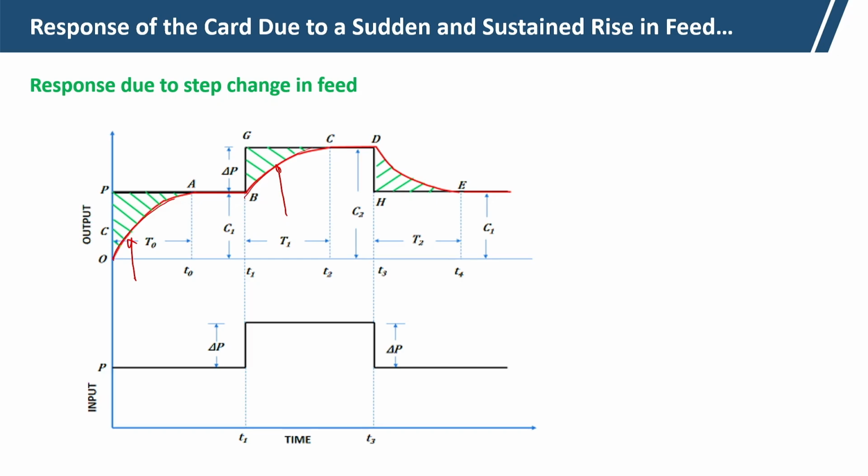It is not a straight line, it is some exponential curve. It follows a certain curve, and after a certain time, at T2, the total saturation or stabilization is reached.